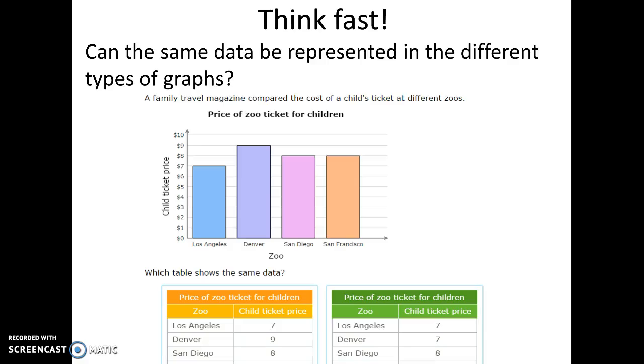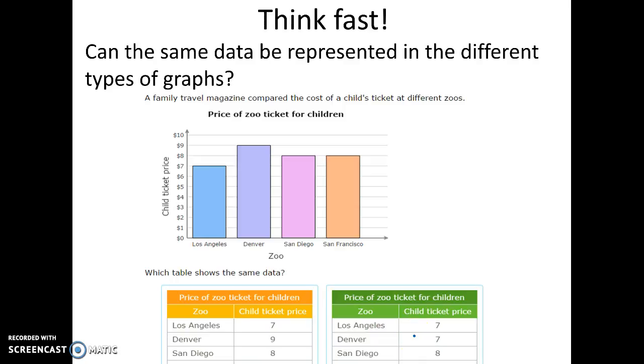Okay, so think fast. Can the same data be represented in different types of graphs? So here we have a family travel magazine that compared the cost of children's tickets at the zoo. So we have it in a bar graph. We also have it in a table.